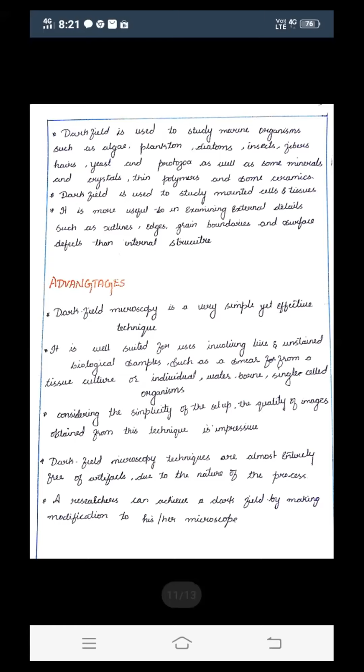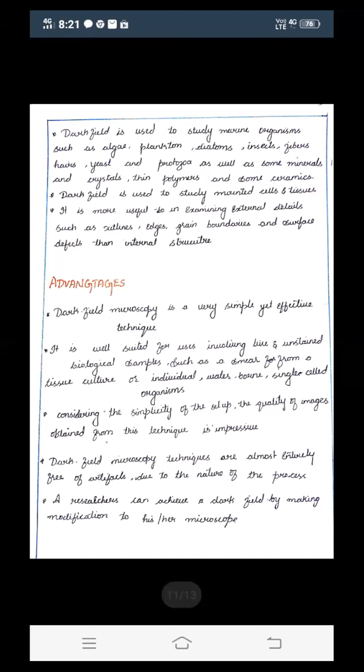Advantages of dark field microscope. It is well suited for use involving live and unstained biological samples such as smears from a tissue culture or individual waterborne single-celled organisms, which we can see and identify in this technique.